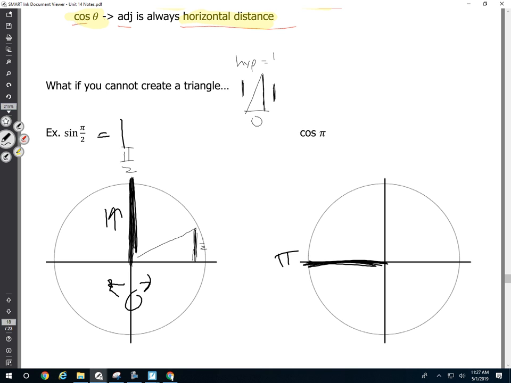Pi. This triangle is kind of like for this situation. Pi. Well, I'm going to start with a hypotenuse of 1. What's my horizontal distance here? It's 1, but it's not actually 1.